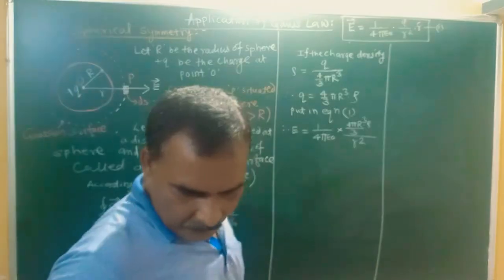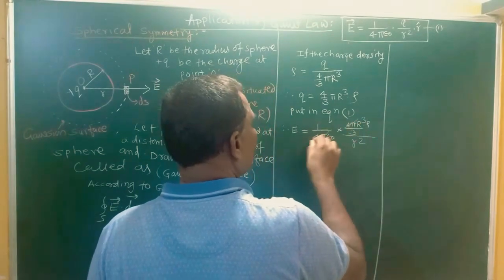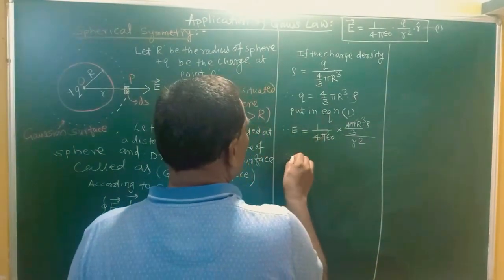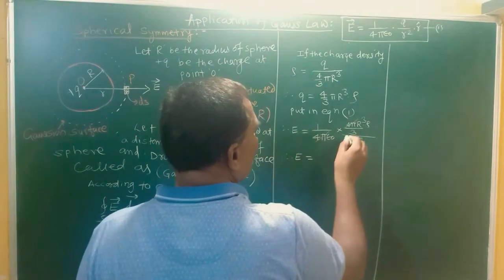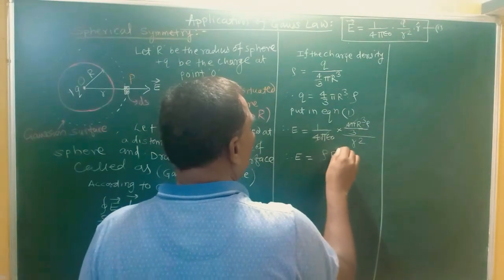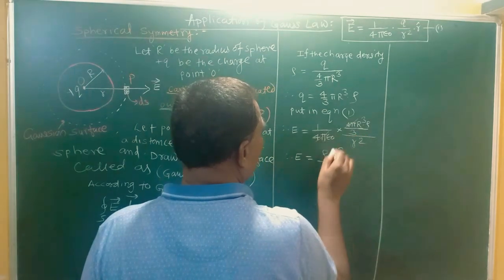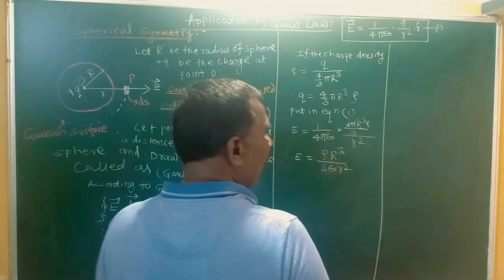And finally the 4 pi is cancelled with this 4 pi. After that we write the electric field intensity E equal to rho into r cube divided by 3 epsilon naught into r square.